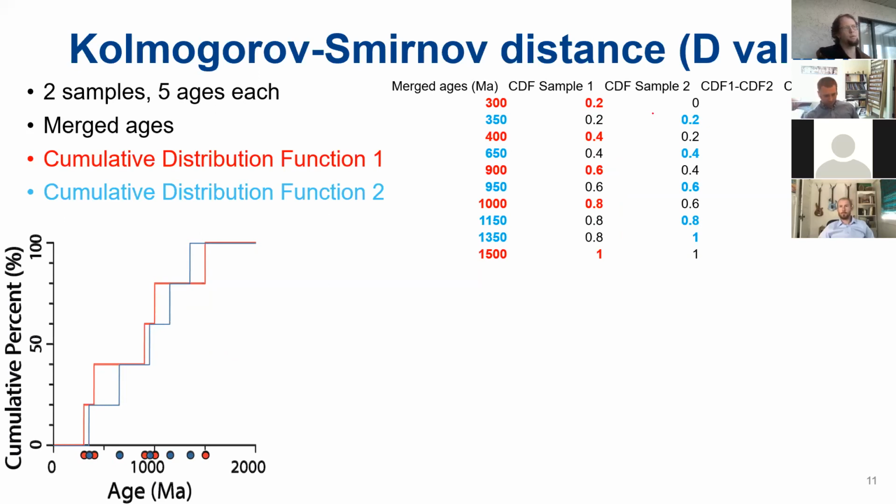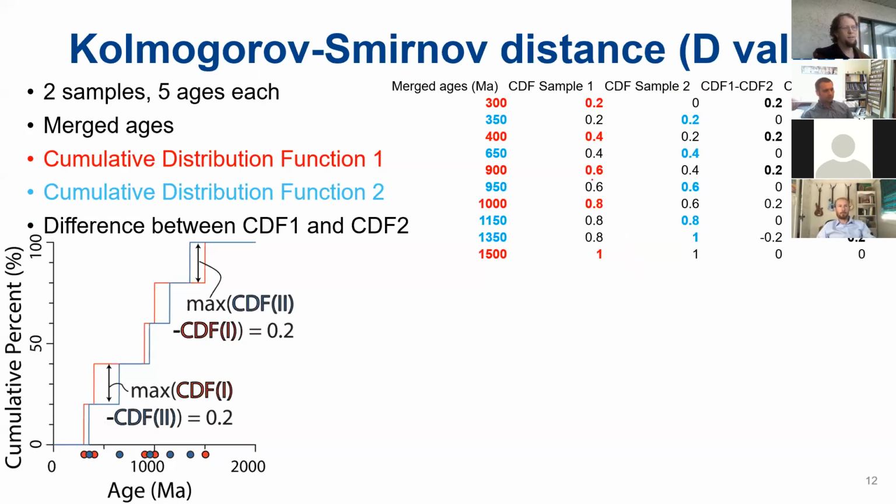Here you can see the cumulative distribution function for sample 2, shown as a graph down here, and that graph is represented by these numbers up here, right? So these are basically the numerical equivalent of what you're seeing down here.